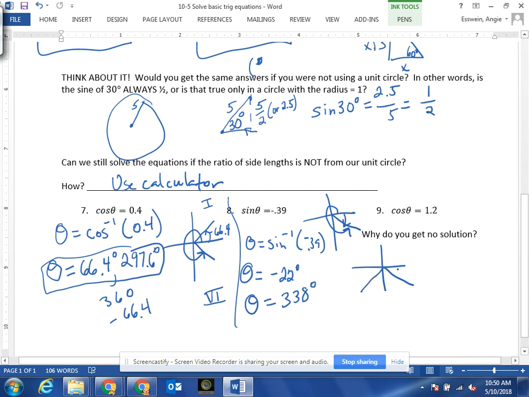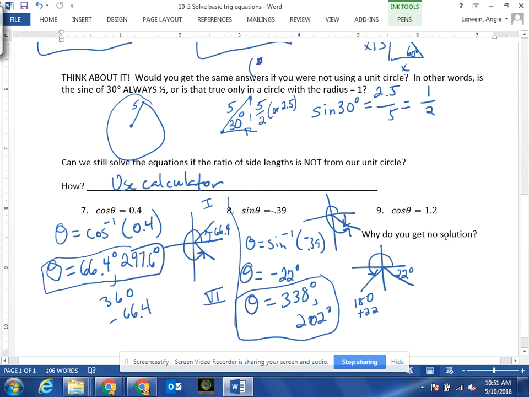Now we're going to use geometry. If this was 22 degrees, what is this angle here? What's the other answer? How do we find it? Good. You do 180 plus 22, which is 202 degrees. So those are our two answers for that.